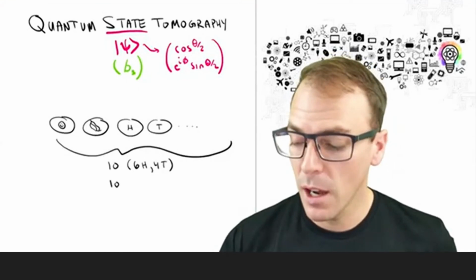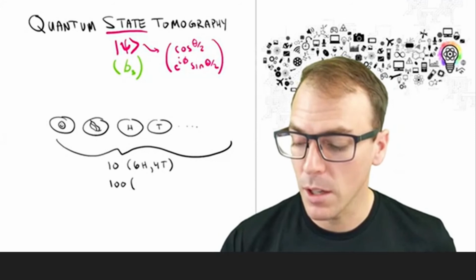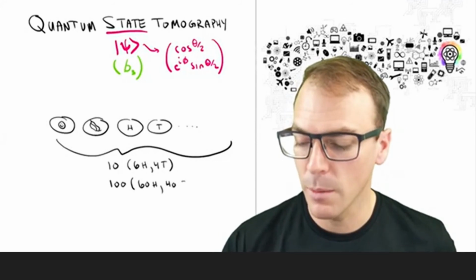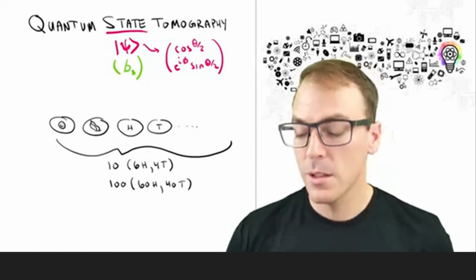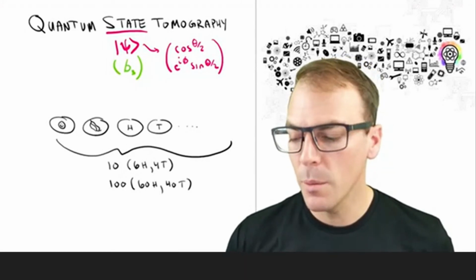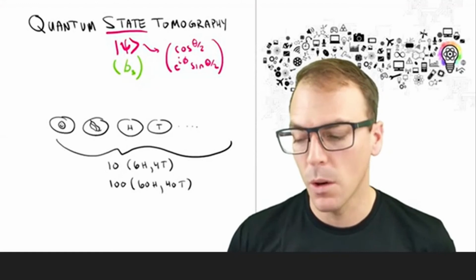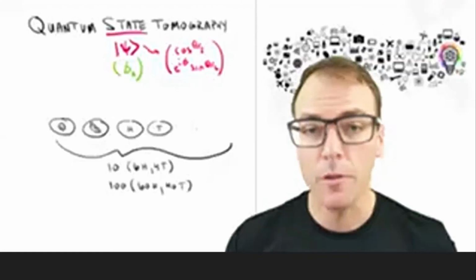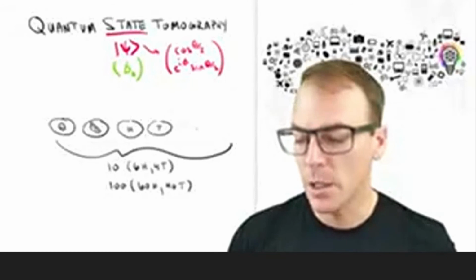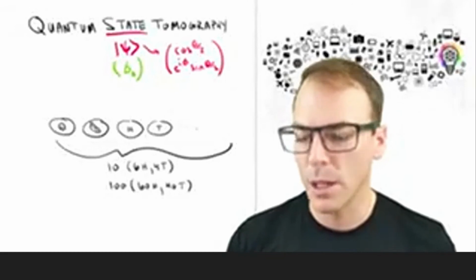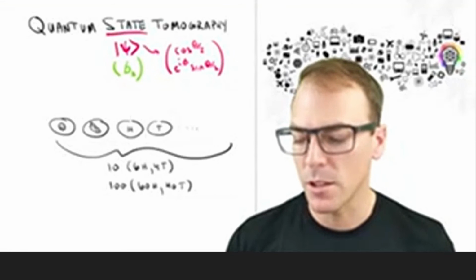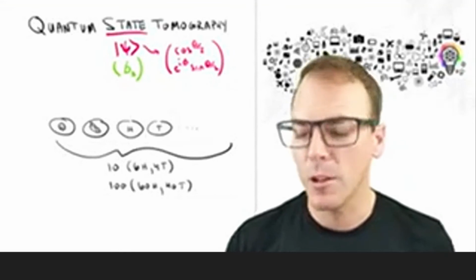Even if I flipped it 100 times and just miraculously, or unmiraculously, it came up 60 heads and 40 tails. Now, I'm a little bit more confident that the coin is not fair, but if you've read about science topics in the news, you'll know that things usually come with these p-values.